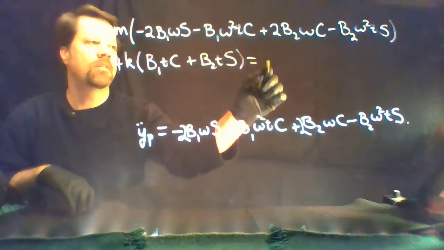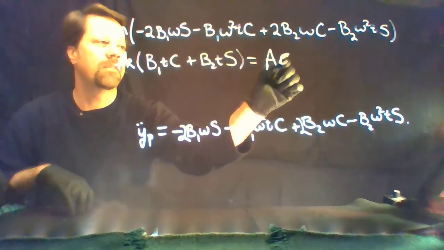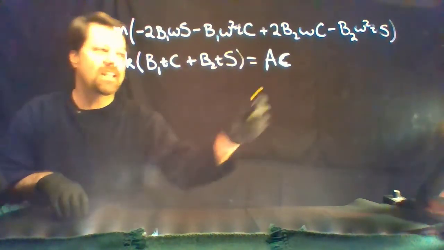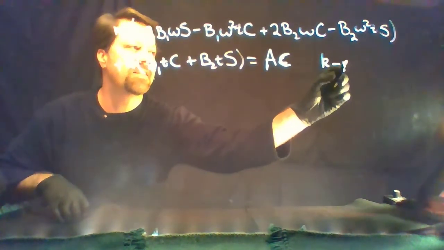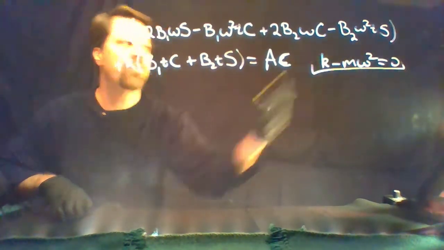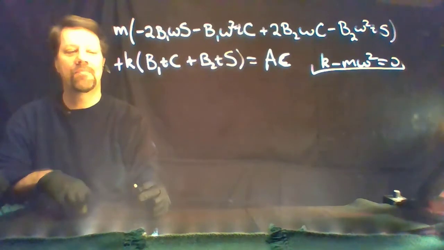All of this must be a times cosine. In collecting these like terms, we need to keep in mind that k minus m omega squared is specifically assumed to be 0 in this case.